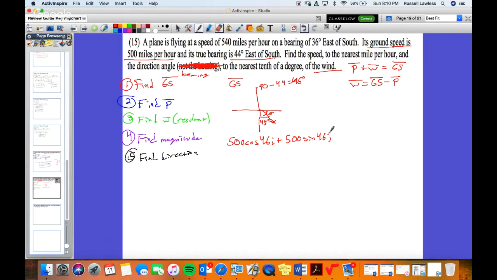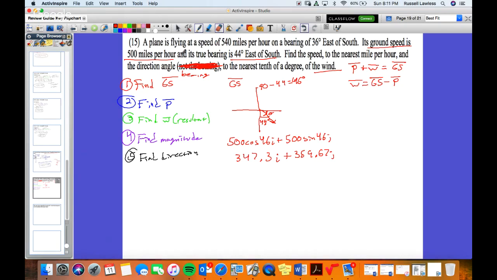Cosine of 46 gives us 347.3i plus 359.67j.